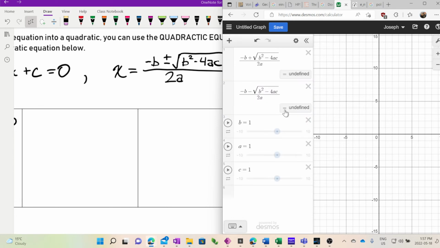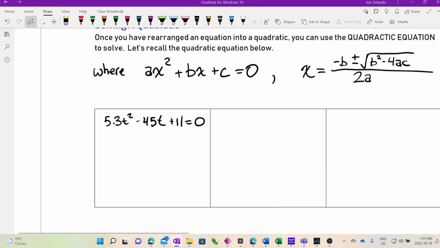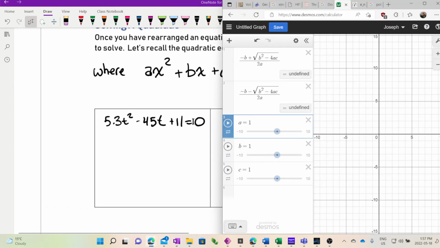It's saying, just input these, put them in order. Just have this open next to you. Look at this equation right here. We've got this quadratic we want to solve. What's the a value? Okay, put that in for a.